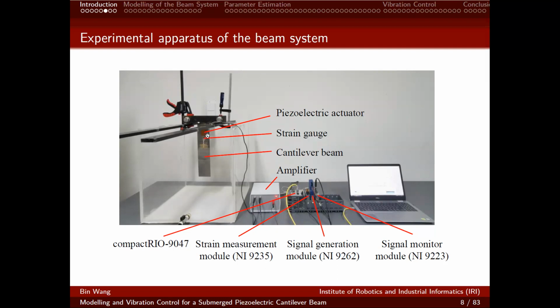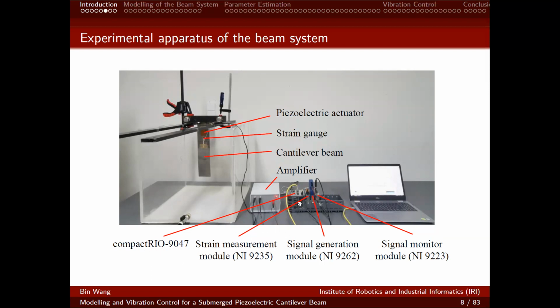On the cantilever beam, we have the piezoelectric actuator and strain gauge attached, and in addition, we have a device called the CompactRIO.